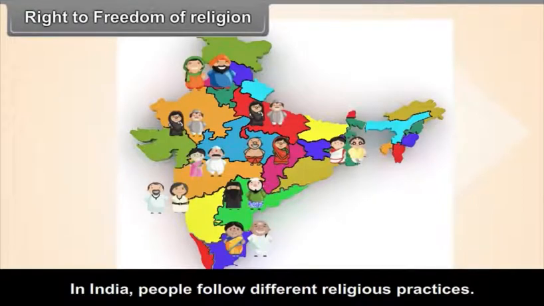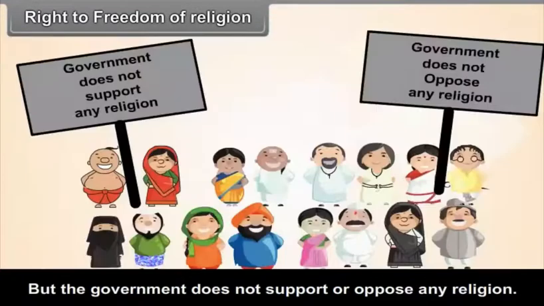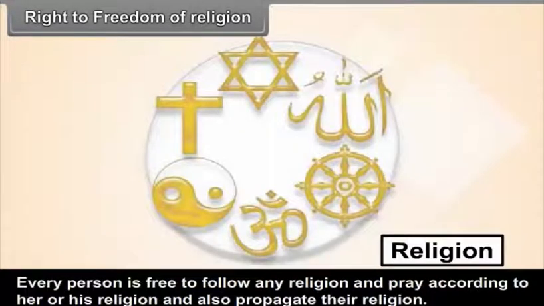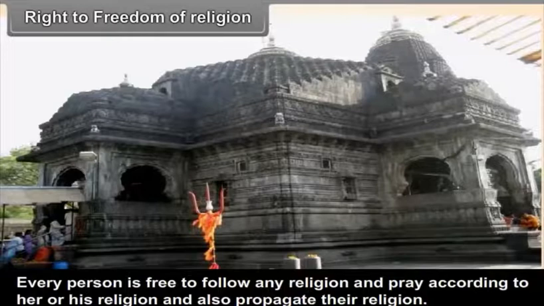Right to freedom of religion. In India, people follow different religious practices, but the government does not support or oppose any religion. Every person is free to follow any religion and pray according to her or his religion and also propagate their religion.